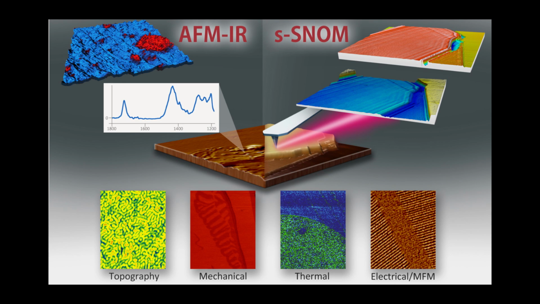In addition, if you're looking at a sample which is thinner and you need the increased sensitivity of the resonance enhanced technique, then quantum cascades are made with a range of different center wavelengths.